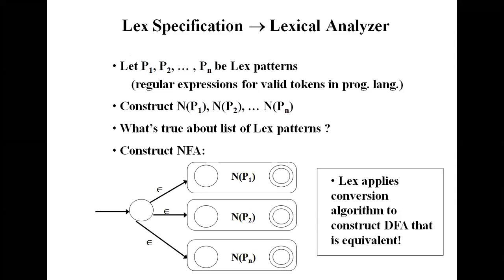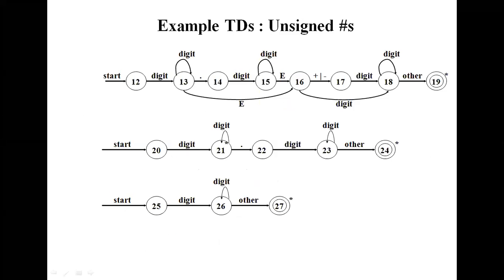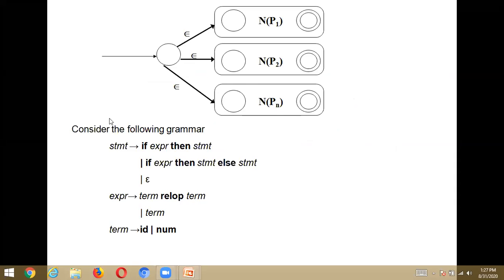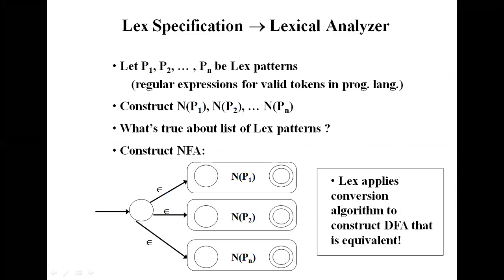Before knowing how to construct the transition diagrams for the relational operators, identifiers, delimiters, or unsigned numbers, and knowing how the grammar is constructed, and then finally representing a lexical analyzer with the transition diagram: after performing the conversion from NFA to DFA for the patterns generated for the valid tokens of the programming language in the form of regular expressions, those are all represented in the form of transition diagrams.